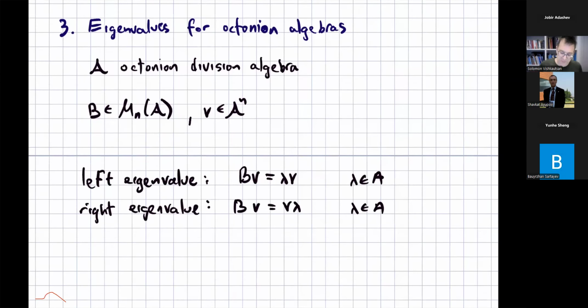Generally, unlike the classical linear algebra over a field, the connection between the left and right eigenvalues is a bit mysterious. Over the quaternions, it's better understood, but over octonions, it's a bit mysterious at the moment.